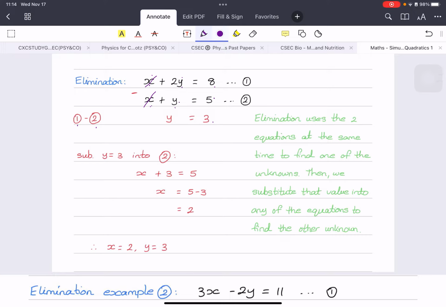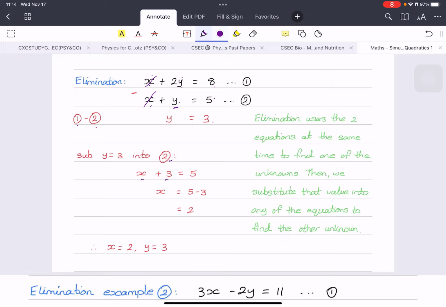Anyone will work, right? So wherever you see y in we use the equation 2, okay? So wherever y was in equation 2, if y was here, we now need to put a 3 instead. So we write back the original equation, x plus y equals 5, and then we replace the y by 3, so it becomes x plus 3.